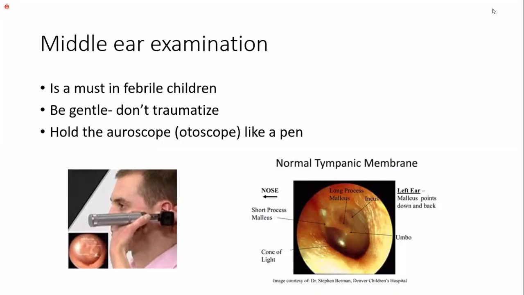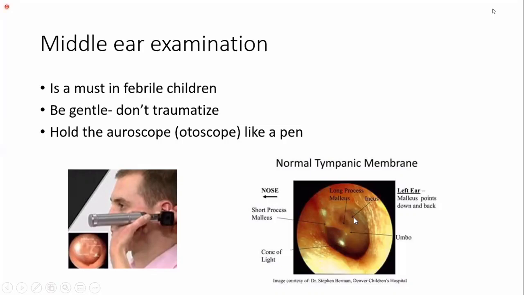And when you look inside, this is how you will see it. This is the appearance you see in a normal ear. This is the tympanic membrane.